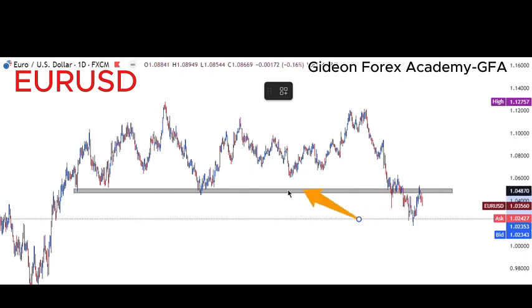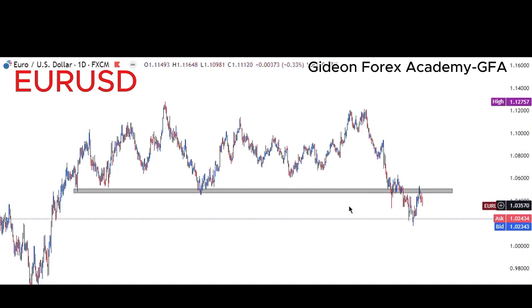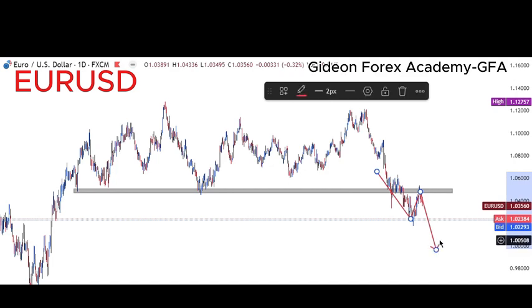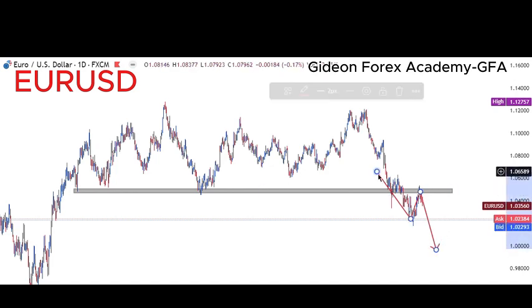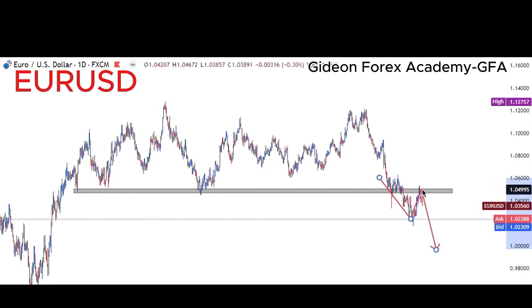So we are looking at the price already broke below here. There was already a break below here and the price returned to retest here. Now we are looking at Euro USD dropping in the next coming week, most likely dropping further down after the retest here. Okay, you can see there is a retest over here.